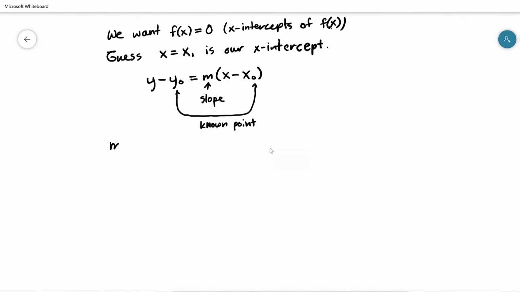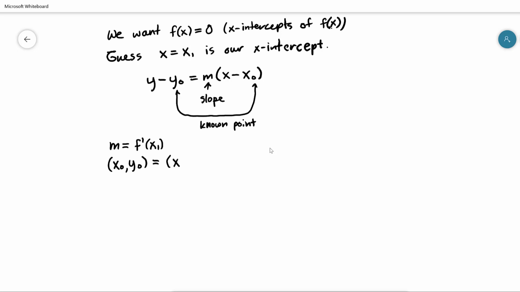For us, m is going to be equal to f prime evaluated at that guess, x1. So our slope is just the slope of the function evaluated at x1, where our initial guess is. Our known point, x naught, y naught, turns out to be x1.